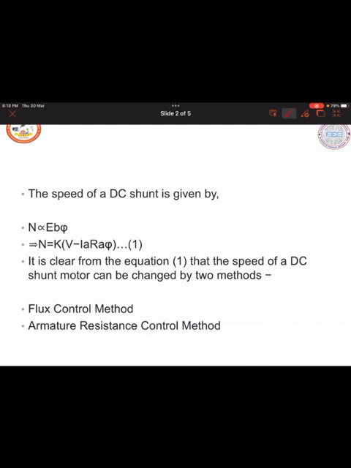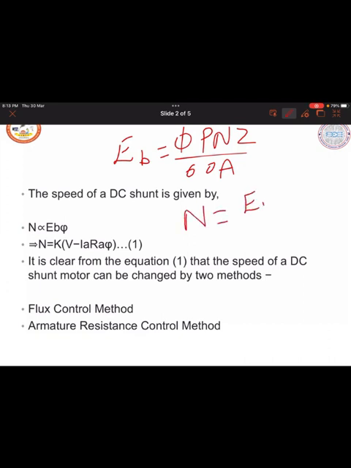So we know that the back EMF EB is given by φPNZ by 60A. Using that equation, we can write the equation for N as EB into 60A divided by φPZ, where 60 is a constant, A, the parallel paths, is a constant, P, the number of poles, is a constant, and Z, the number of conductors, is a constant.